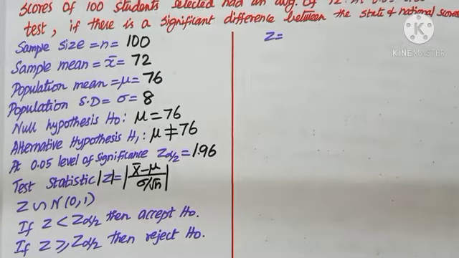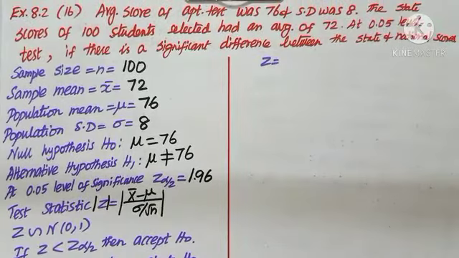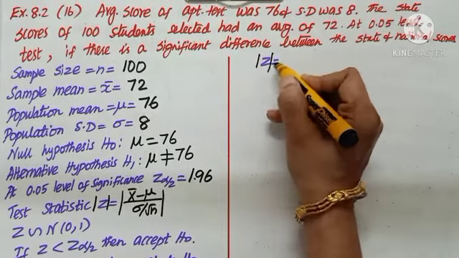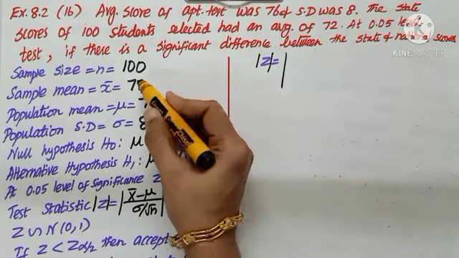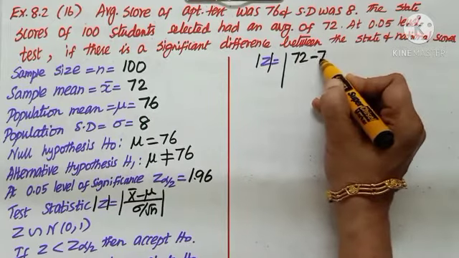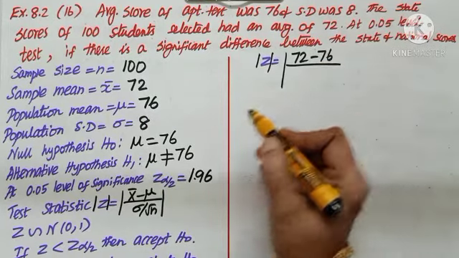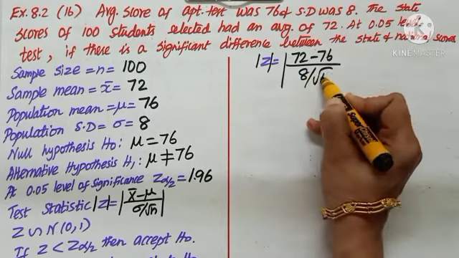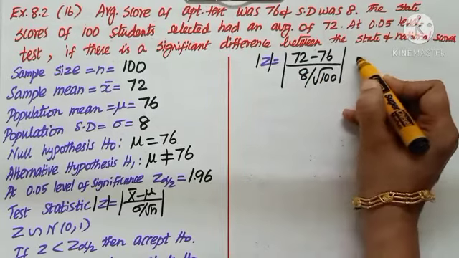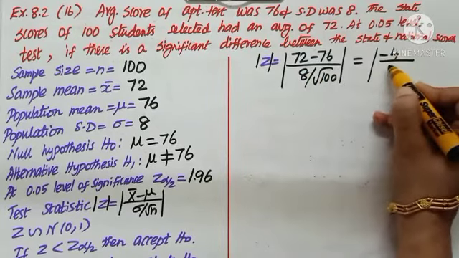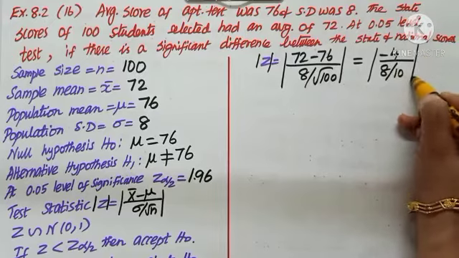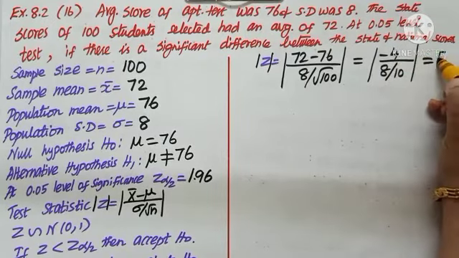Let us calculate z value. Mod z equals modulus of x bar 72 minus 76 by sigma value 8 by root of 100, that is minus 4 by 8 by 10, which is nothing but 5.